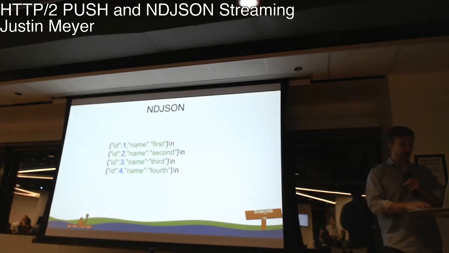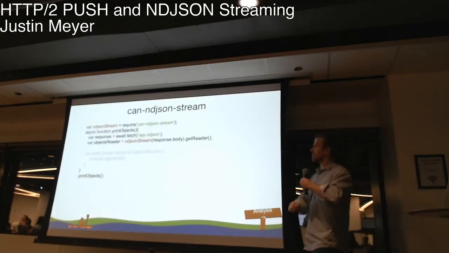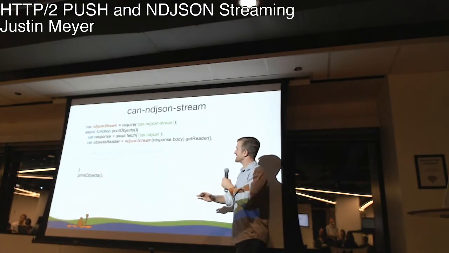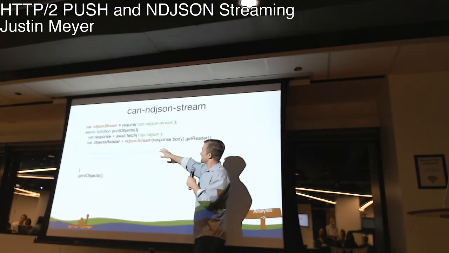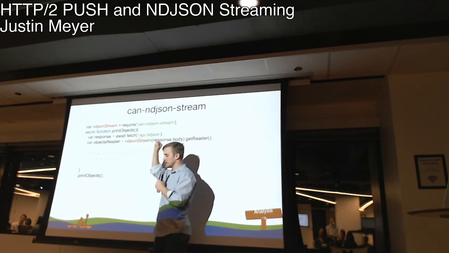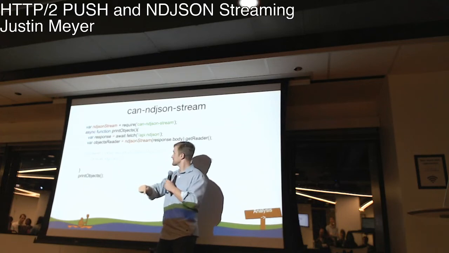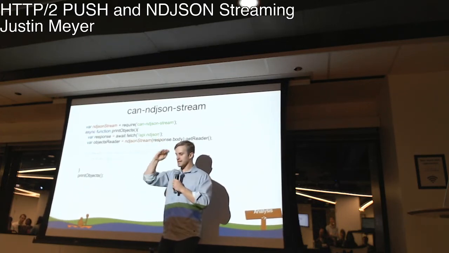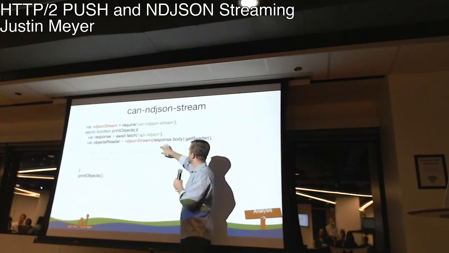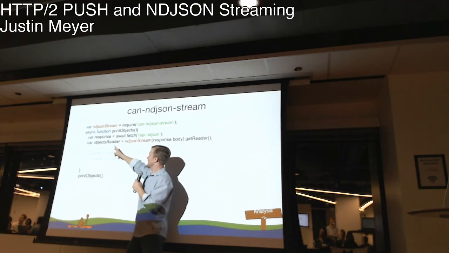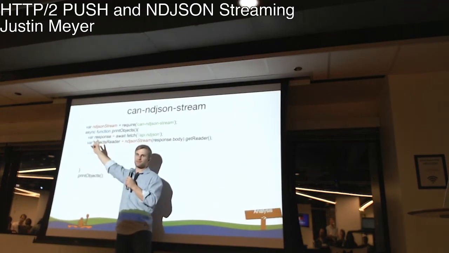So I'm not going to show what that looks like, because I created a library that does exactly that, which is NDJSON. You can take fetch to an NDJSON service, and if that gives you back that newline delimited data, you can convert that streaming response into a stream of objects.